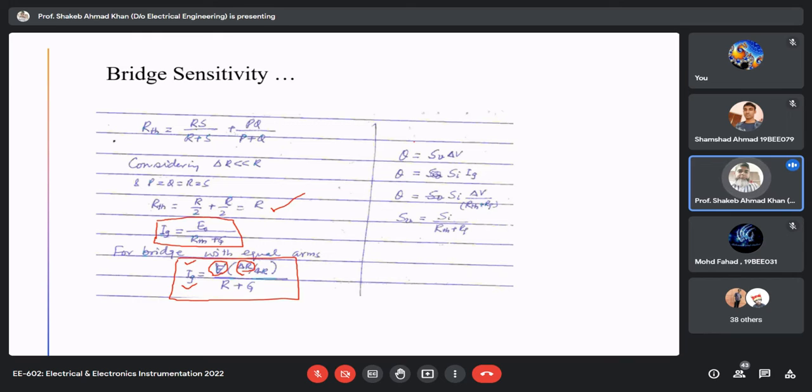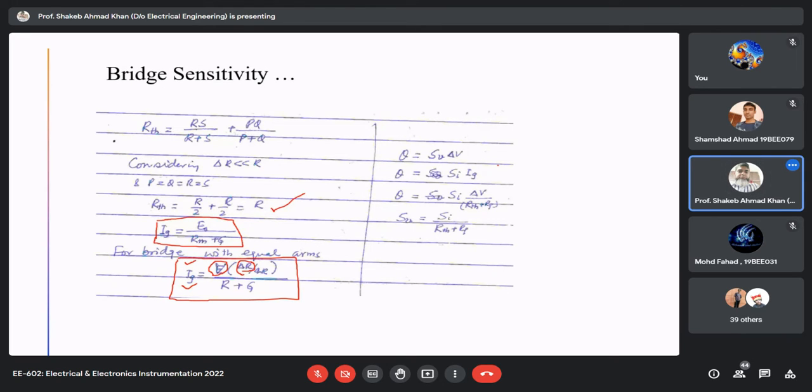In case of a voltage sensitive bridge, the deflection is equal to the sensitivity of the voltage sensitive detector into the voltage across the detector. In case of a current sensitive detector, the deflection is equal to the current sensitivity of the detector into the galvanometer current through the detector.